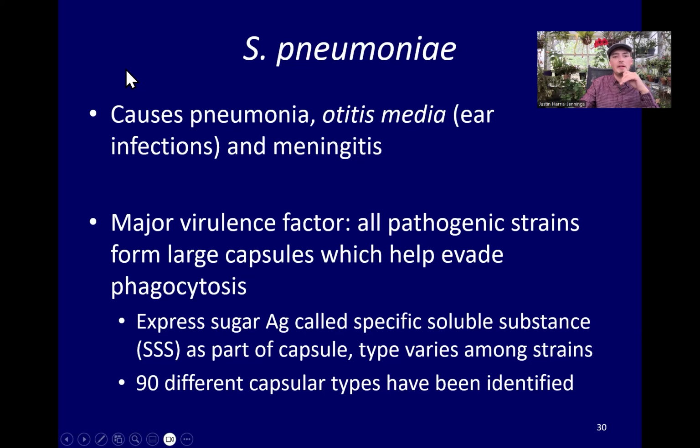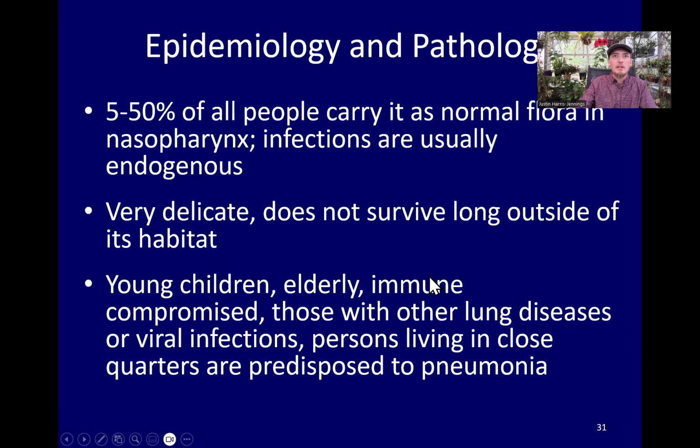And so Streptococcus pneumoniae can cause meningitis, ear infections, and pneumonia, and it is a common bacteria that you find in people. And it doesn't live well outside of its environment.